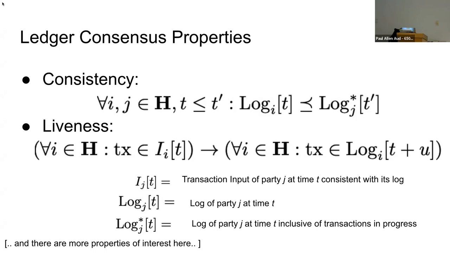So we wait, and the transaction gets processed. This captures the two aspects: liveness, meaning transactions go in, and consistency, which means that the servers agree.